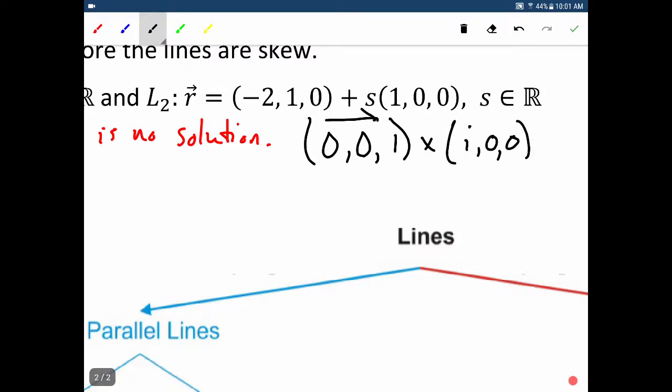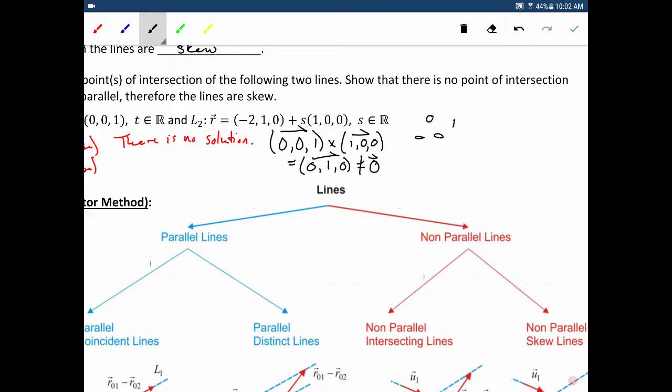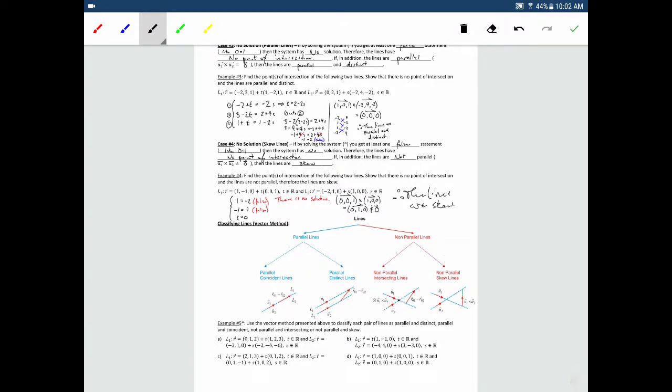Regardless, if I do the cross product, I'm going to get 0, 1, 0, which is not the 0 vector. Therefore, the lines are skew. There we go.